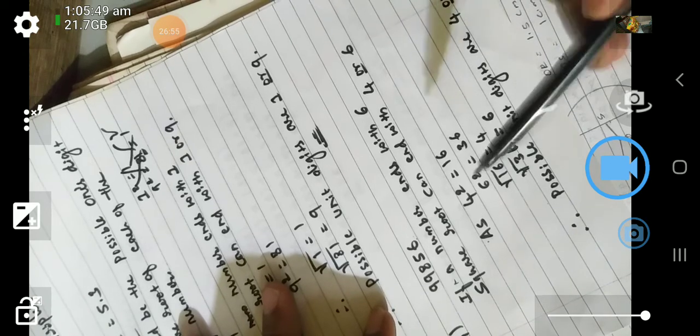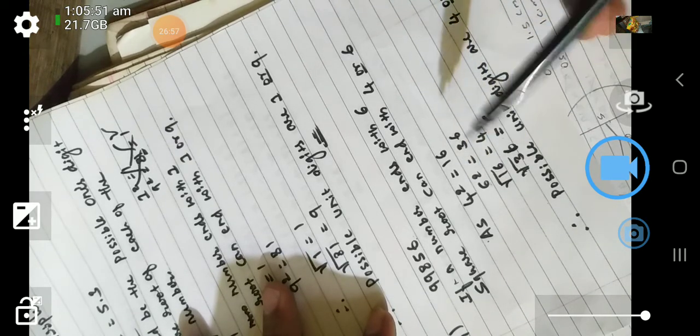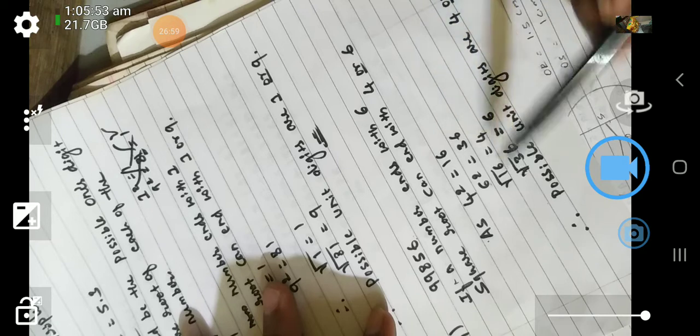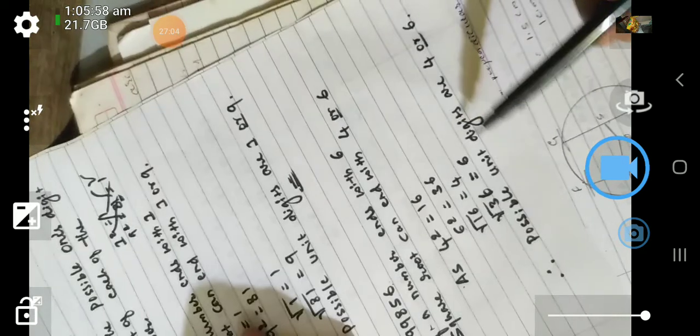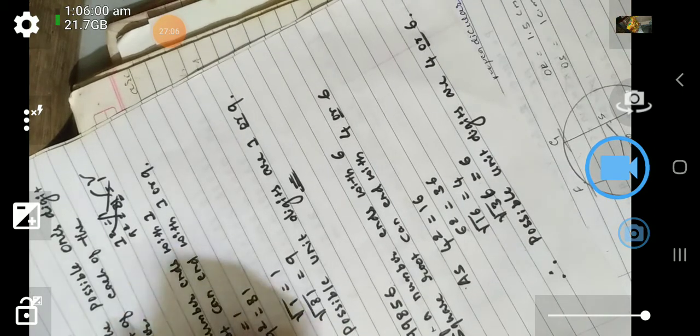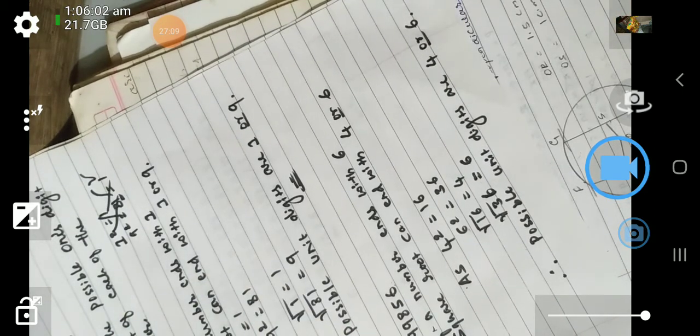So square root of 16 is 4, square root of 36 is 6. Therefore the possible unit digits are 4 or 6. This way you can solve this problem.